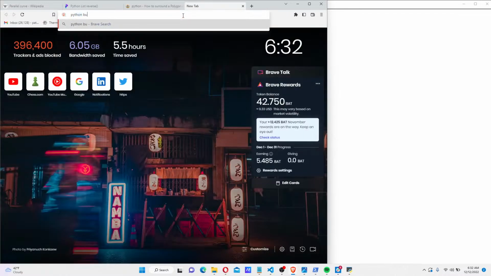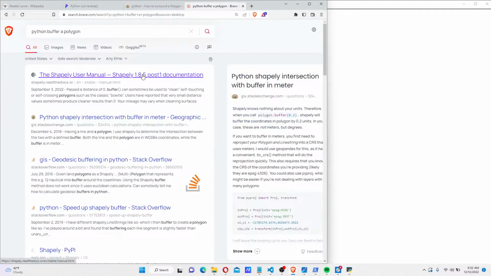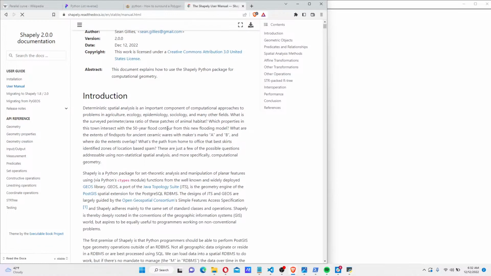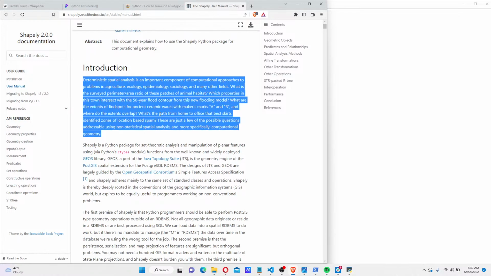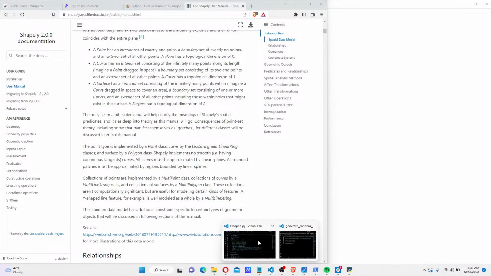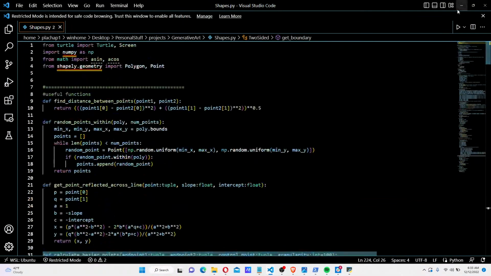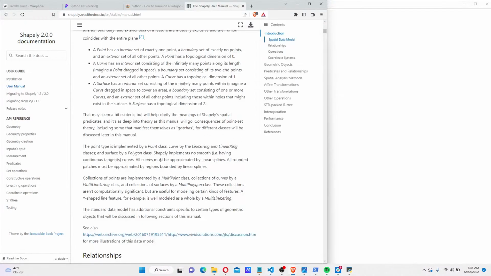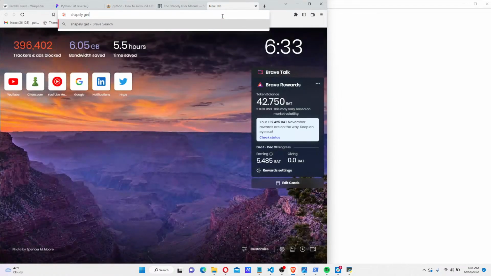Okay, Python buffer a polygon. How do we do this? Shapely. Maybe this is what I want. I'm pretty sure I already have it. Yup. Shapely get buffer on polygon.